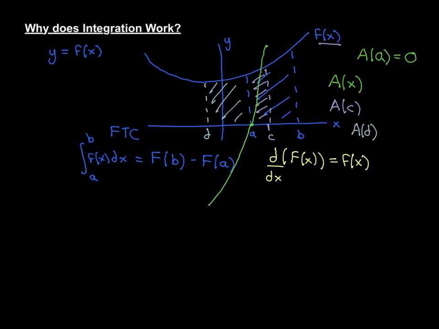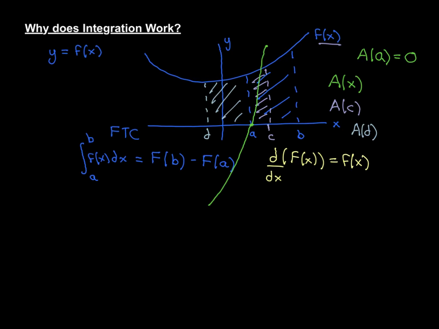So I hope you understand what I'm saying. I want to create a cumulative area function, and I want to centre it around my point little a. And the reason I've done that is because obviously we're trying to work out the integral of f of x from a to b, so it's just convenient to centre it around a and say that at a we're going to define it to be 0, and then onwards to the right we're going to make it get bigger and bigger and bigger, and onwards to the left we're going to get it to go smaller and smaller and smaller, and it will decrease by the size of the area under the curve.